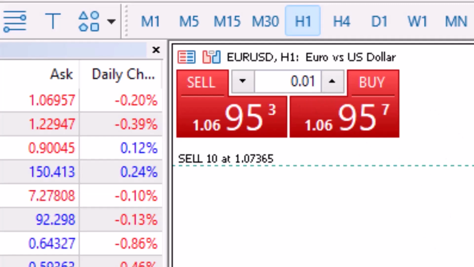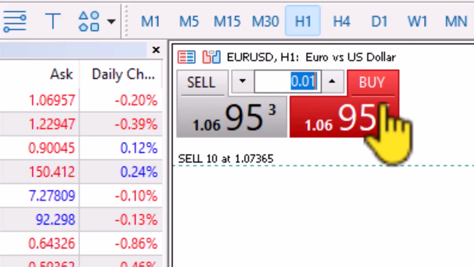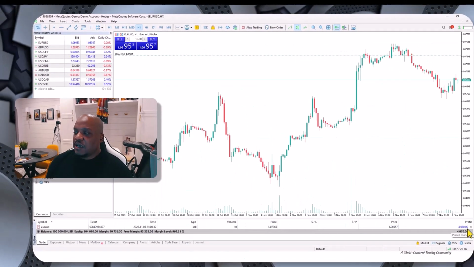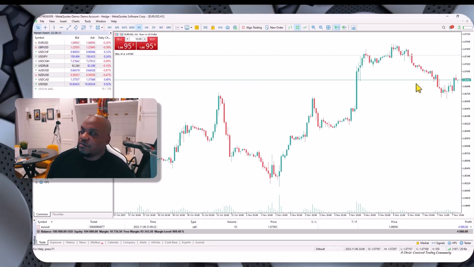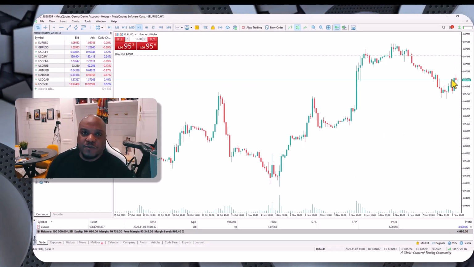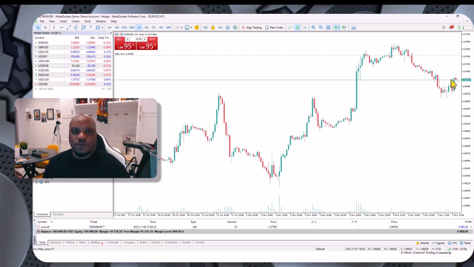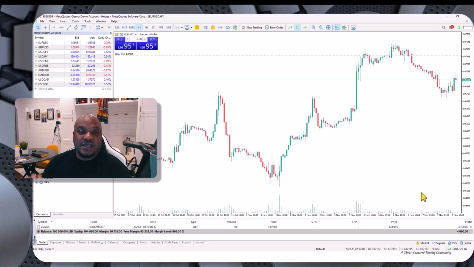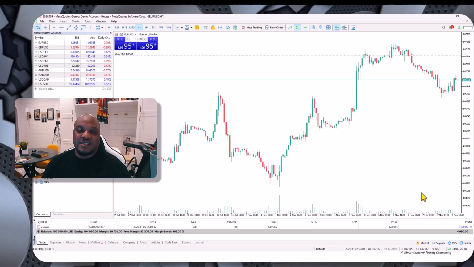So right now we're in this trade with 10 lots, which is $100 per pip. It's going in our favor, and we've moved just over 40 pips at $100 per pip, so we have just over $4,000. And that is how you make money in the market.